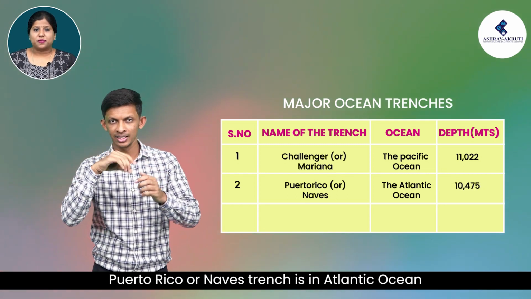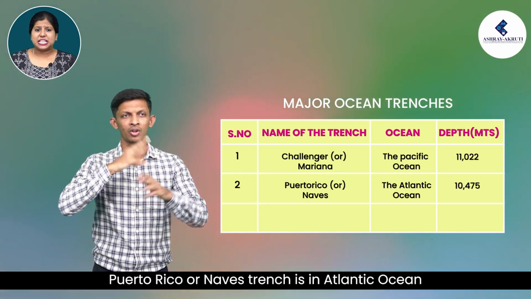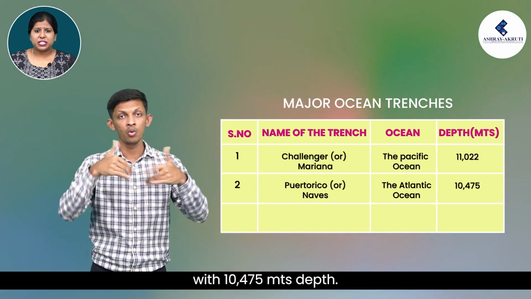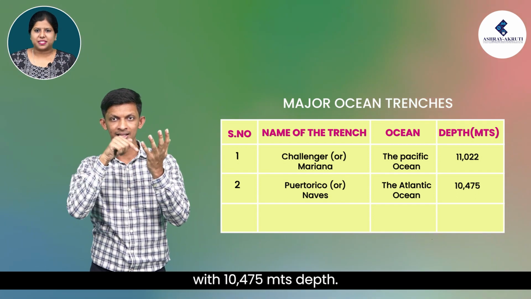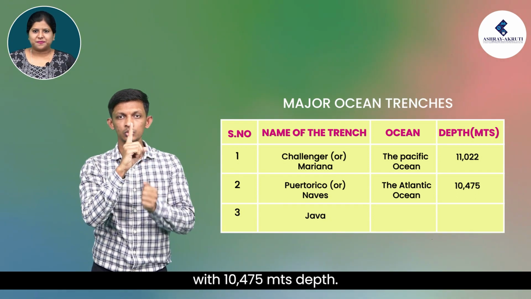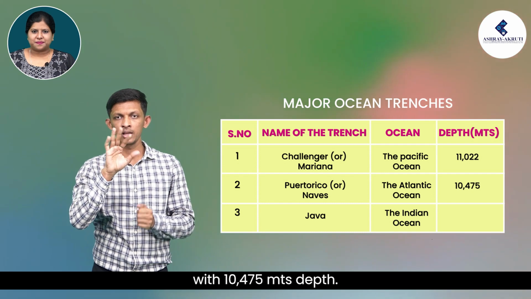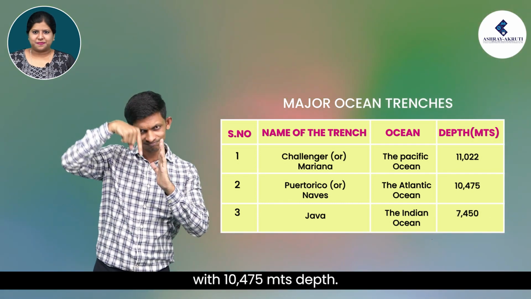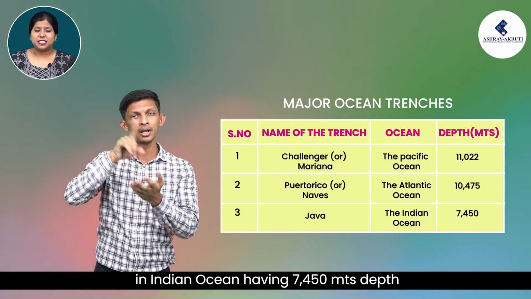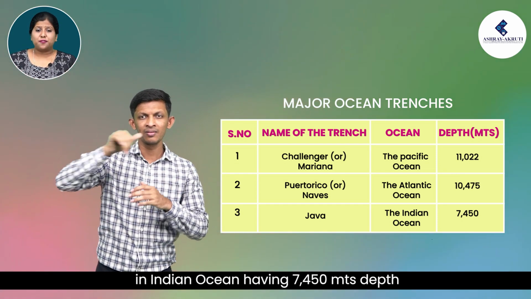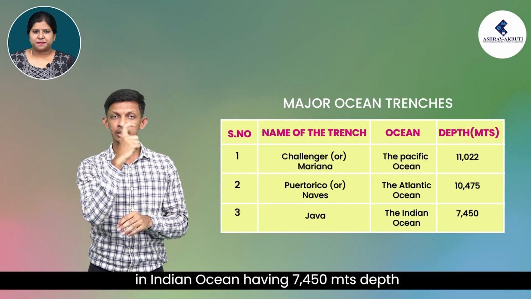Puerto Rico or Nares Trench is in Atlantic Ocean with 10,475 meters depth. Java Trench in Indian Ocean having 7,450 meters depth.